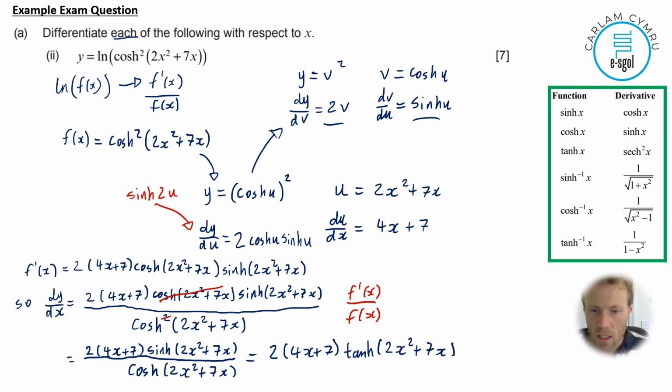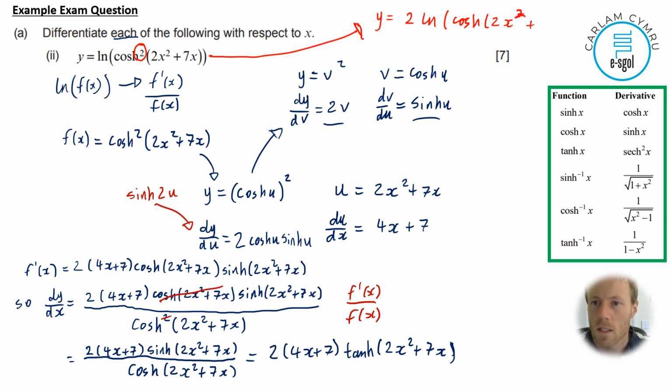Although actually the mark scheme didn't say you had to get that far. There is an elegant way of doing this. So if we go right back to the beginning up here, do you see the squared there? That is affecting everything. So using our log laws we're allowed to bring that to the front here, to ln, and then you get cosh of 2x squared, sorry, plus 7x.